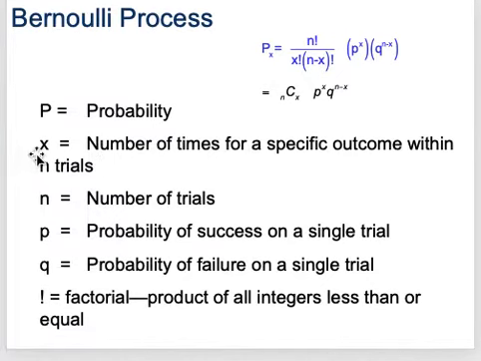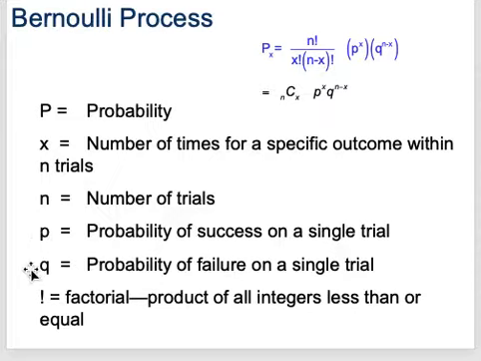This little x would be the number of times for the specific outcome. I wanted to know the probability I would get heads 6 times, so the little x would be 6. My n is the number of trials. I tossed it 10 times. The probability of success, getting a head, would be 1/2.